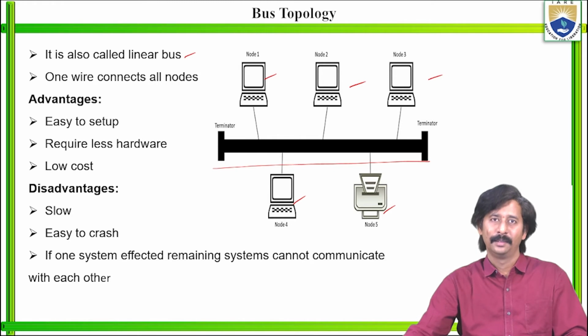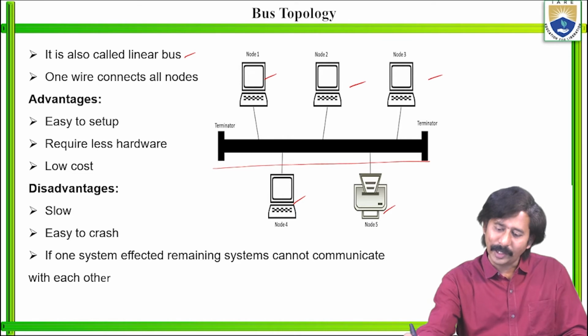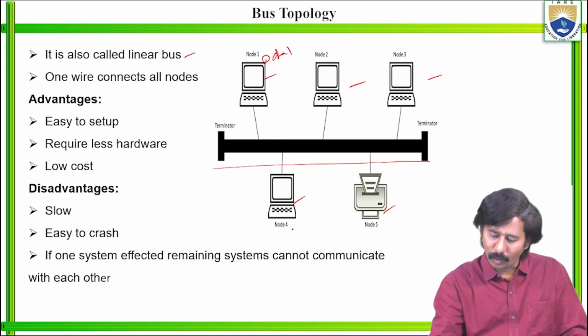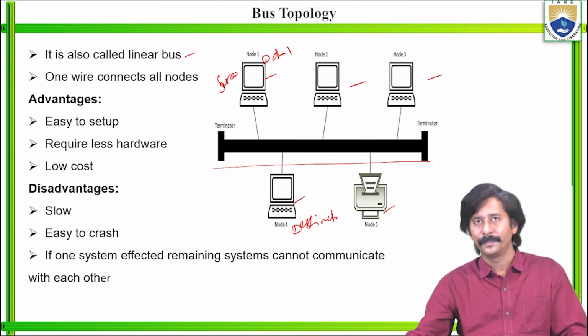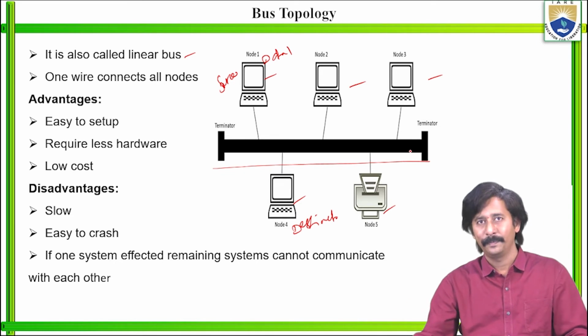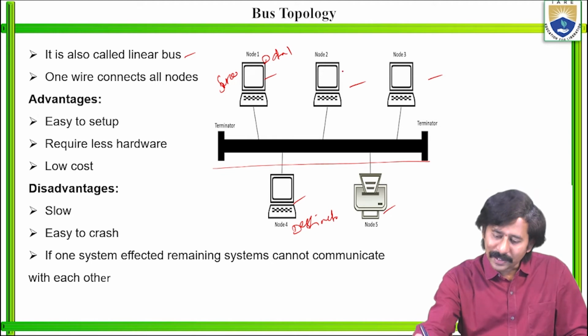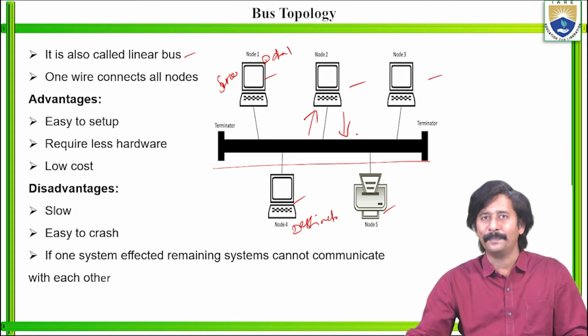Why, sir? Because whatever data I need to transmit from node 1 to node 4, for example, this is the destination and node 1 is the source. Where is the path? Only through this particular bus cable. But at the same time, some other node is ready to transmit or receive information from some other node with the help of this bus.